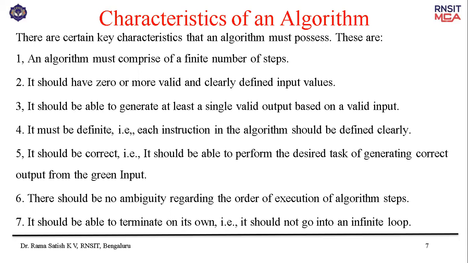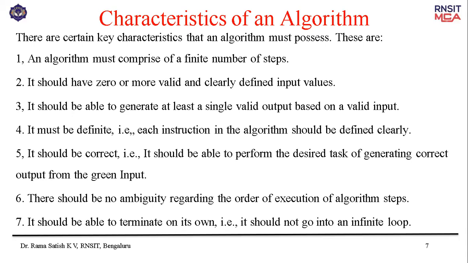And there should not be any ambiguity regarding the order of execution of the steps. Steps should be very clear and should be able to execute with absolute clarity. There should not be any ambiguity regarding the order of execution of the algorithm.